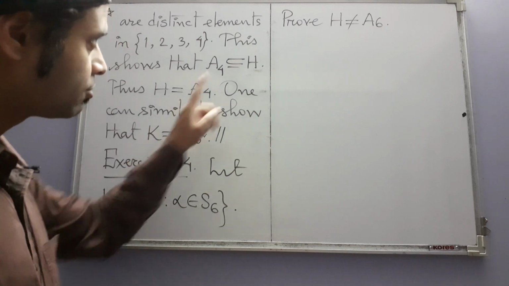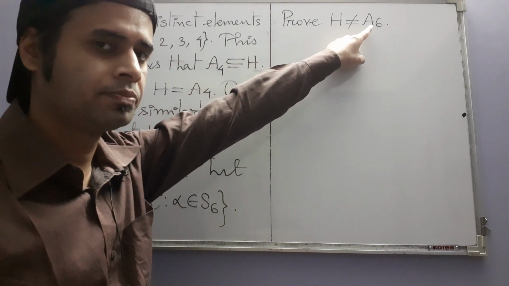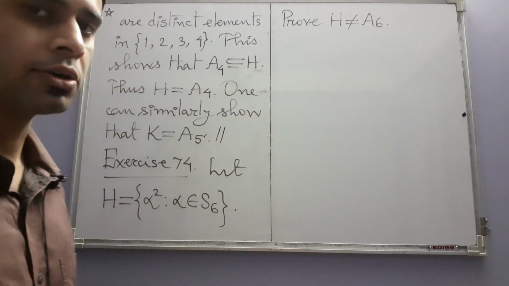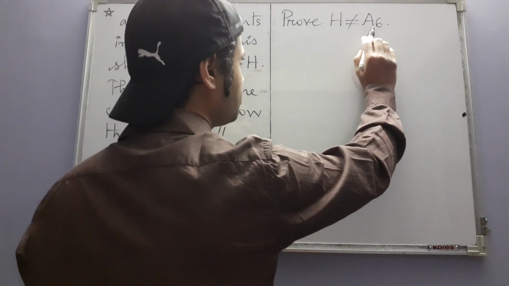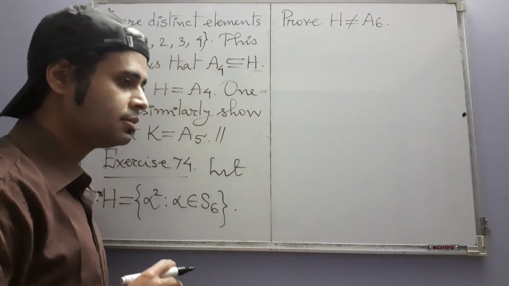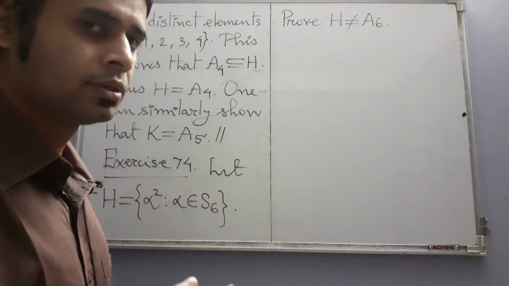So H is going to be a subset of A6. However, the converse will not be true. So for that we need to come up with an element in A6 that is not a square.